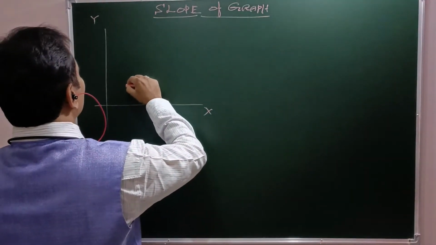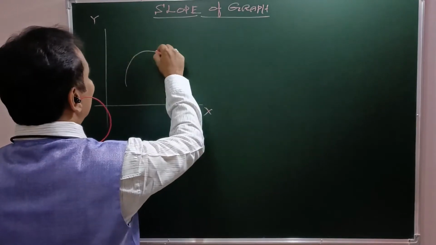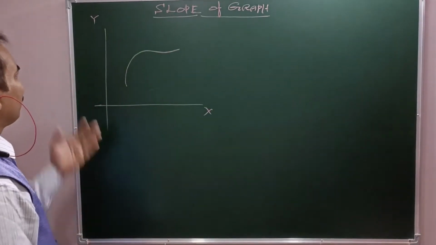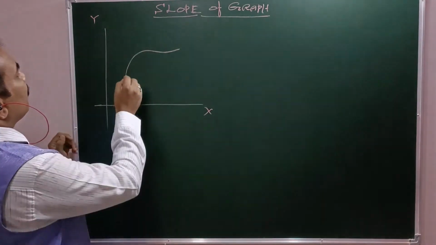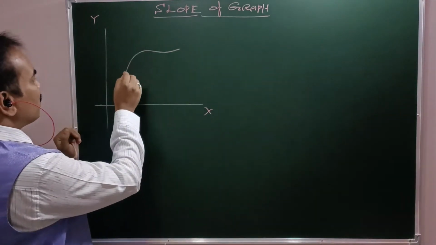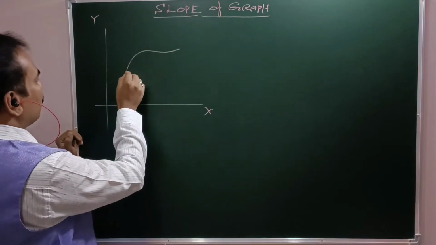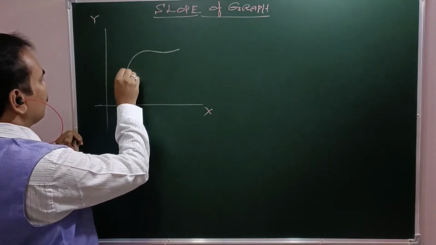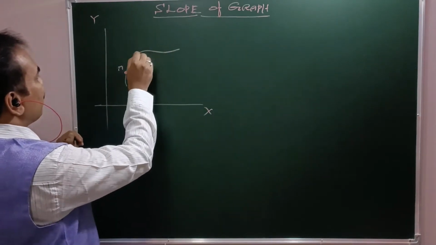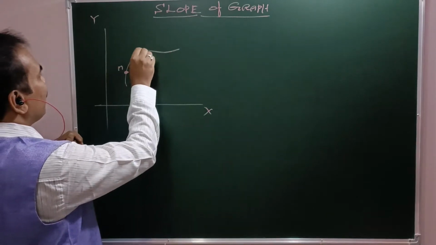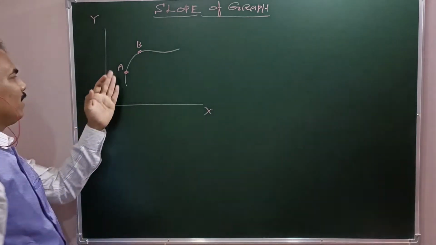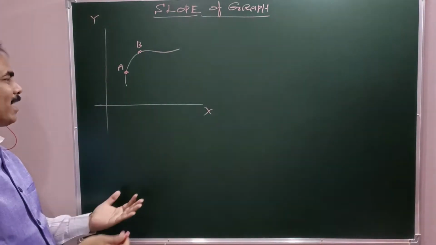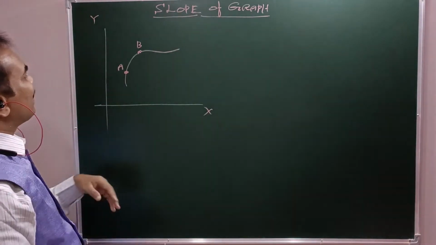This is the variation of y with respect to x. Now I take two points on the curve, A and B, somewhere here A, somewhere here B. So these are the two points selected on the curve. Now, what are the values of quantities x and y?